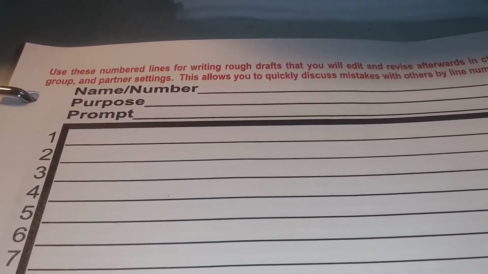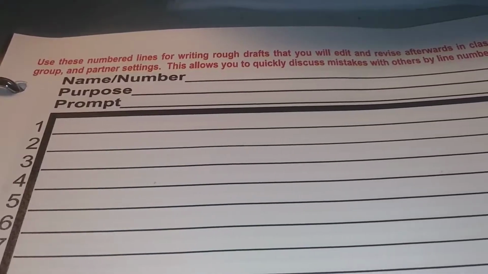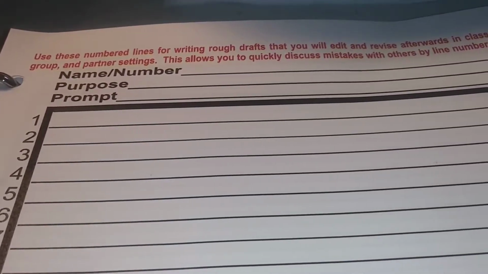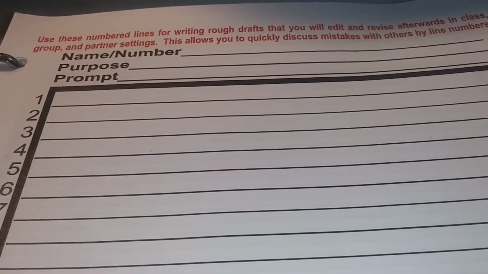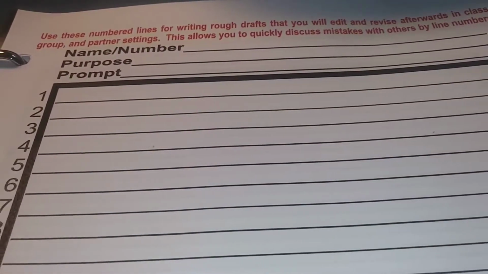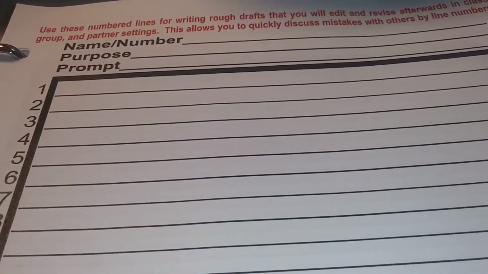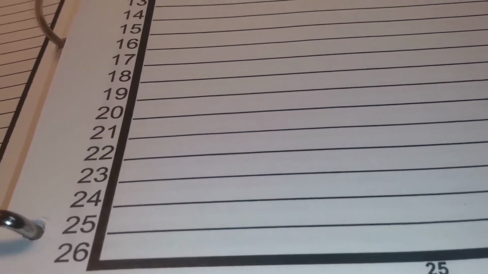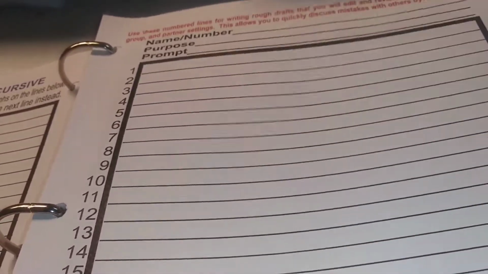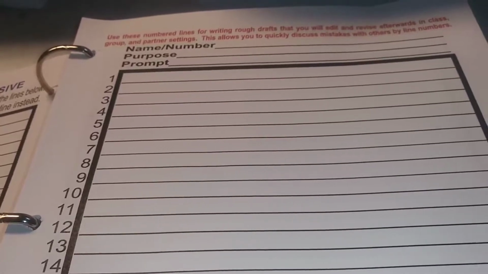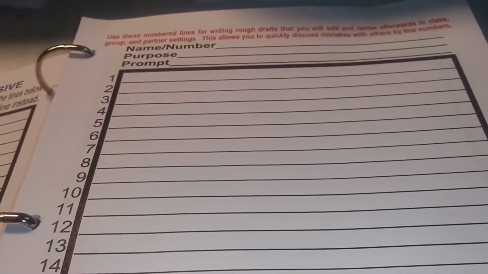And what I like about this page is it allows them to put their name or a number if you're going to be sharing the essay with everybody, the purpose, whatever it's going to be, expository, persuasive, narrative, the prompt, whatever the topic is. And the reason I have the numbers there is so that as a class, when you're working together as a class or in groups or with a partner, you can quickly tell each other mistakes or problems or suggestions in development, organization, and conventions that you see on each line.